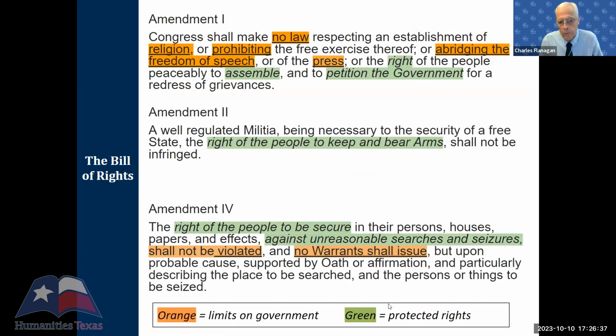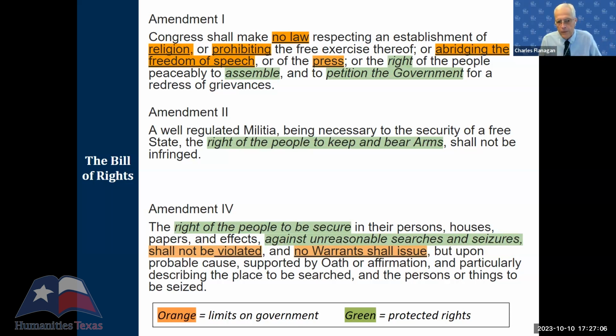When you do this operation, you quickly find that, as in our Venn diagram, where you had the balance of rights and limits, the Bill of Rights itself is a balance of rights and limits. Many of the amendments are not about the rights of the people, but are limits on government. Ironically, when you limit the government, of course, you protect rights of the people, but the way you express it is different.